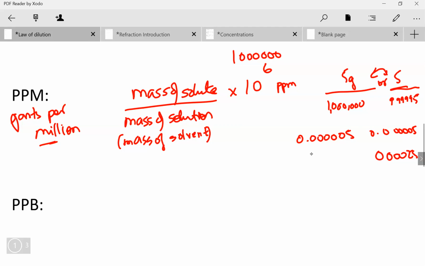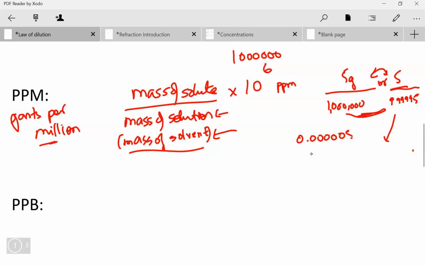I didn't write that clearly enough. Okay, moral of the story is it's a super, super small difference between this and this. So essentially I can say mass of solvent instead of mass of solution and I will get the same answer. It's always easier to do mass of solution, so we're going to stick with that.